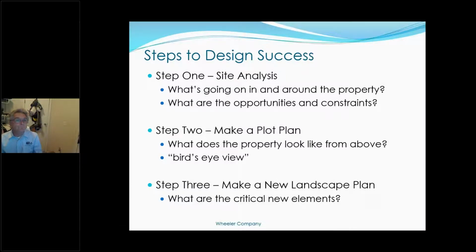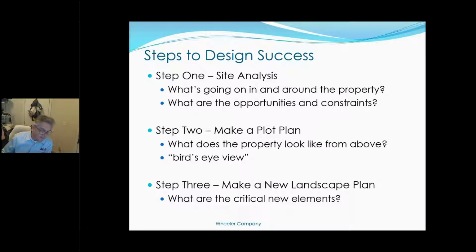Okay, so we're going to start with the elements that we would need to take in mind to do a successful design. And so we have to know what's going on around the property, what are the opportunities and constraints.